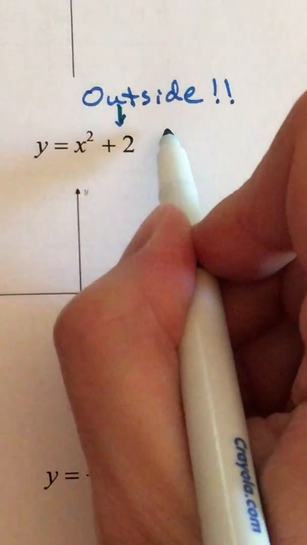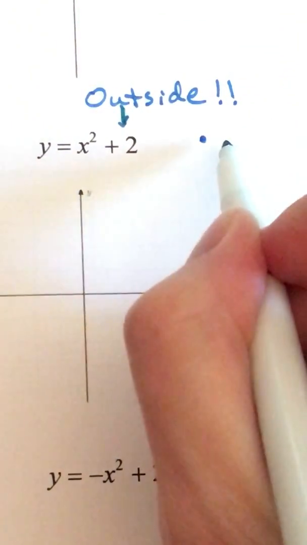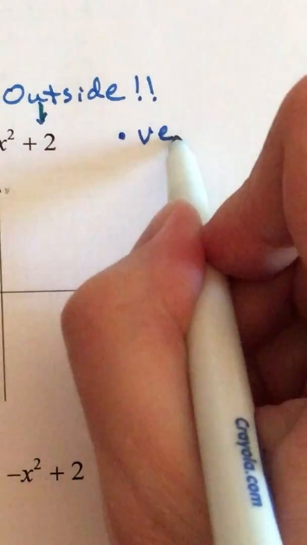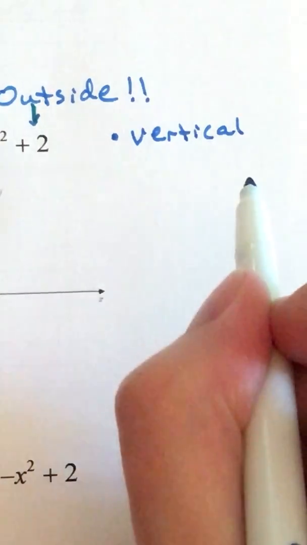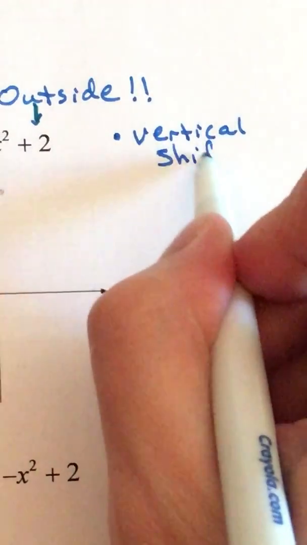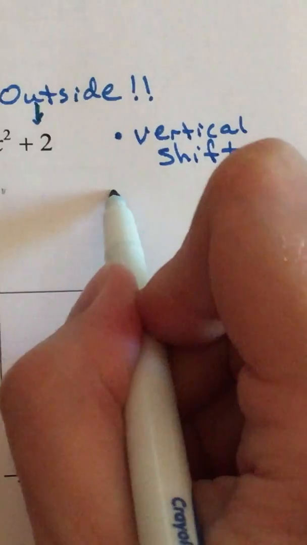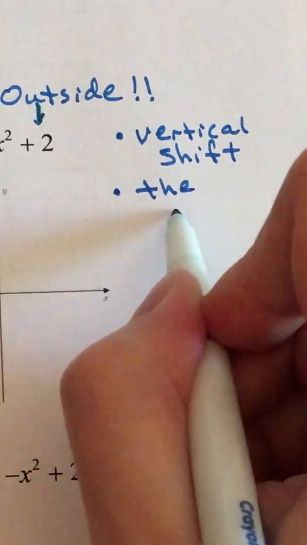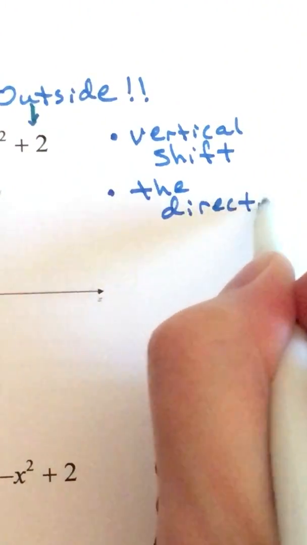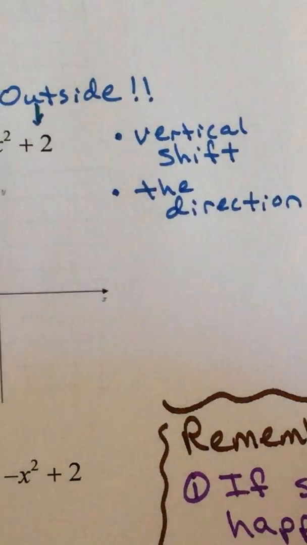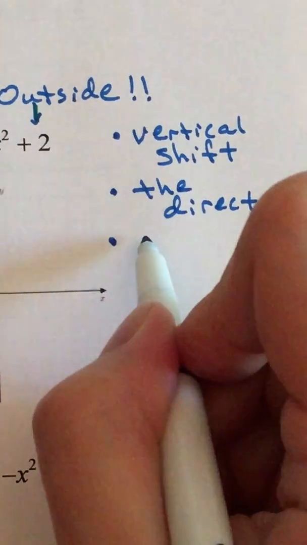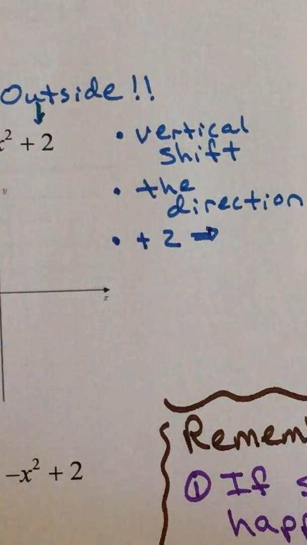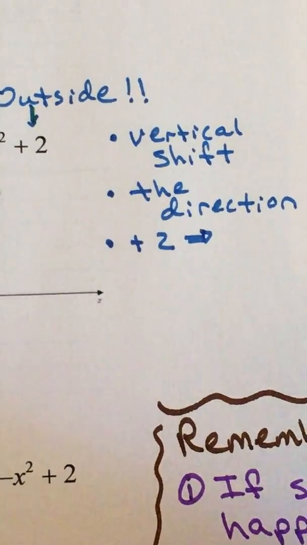So because this is outside, we know that this is going to be a vertical shift. It does go the direction of the sign. And as a result, our plus 2 will shift our parabola up 2 units.